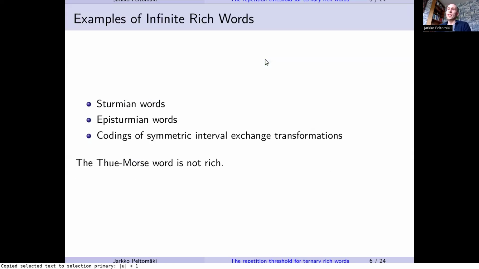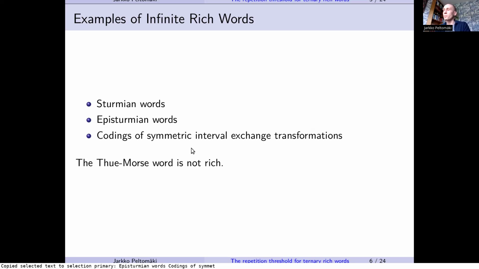Some examples of rich infinite words include Sturmian words and their generalizations. You can generalize Sturmian words as episturmian words. They are still rich. That's actually one of their defining characteristics. Another way to generalize Sturmian words is codings of symmetric interval exchange transformations.